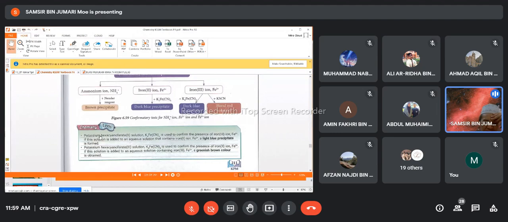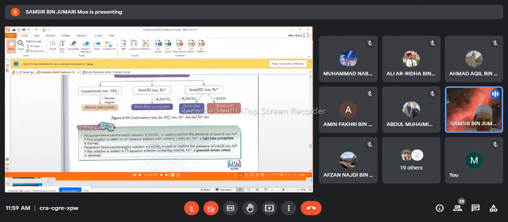Okay. Potassium hexacyanoferrate 2 is used to confirm the presence of iron 3 ion. If the solution is added to an aqueous solution that contains iron 3 ion, a light blue precipitate is formed. Kalau ada iron 3 ion, itu ujian dia kita menggunakan hexacyanoferrate 2. Okay, light blue precipitate.